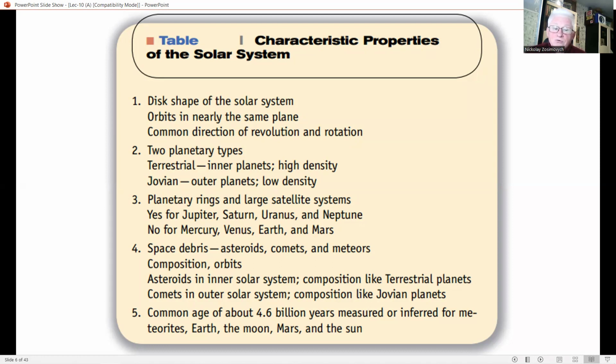The second item in this table, the division of the planets into terrestrial and Jovian forms, can be understood through the condensation sequence. Terrestrial planets form in the inner part of the solar nebula, where the temperature was high, and only compounds such as metals and silicates could condense to form solid particles that produce the small, dense terrestrial planets.